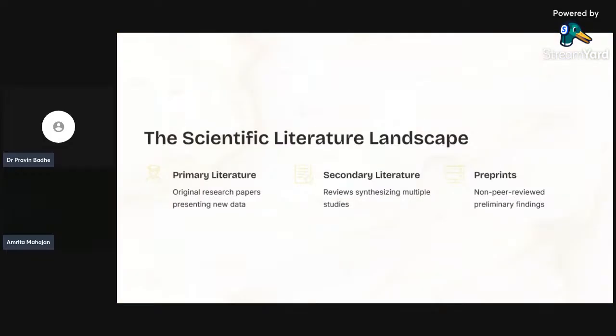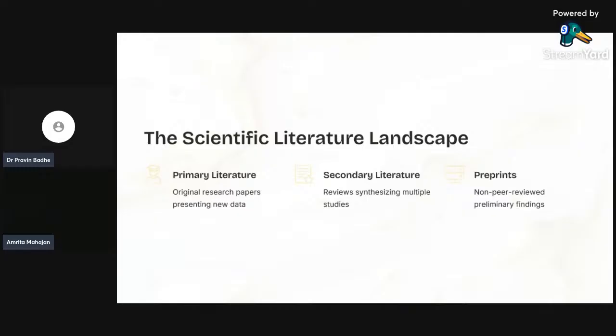There are many key aspects of critical reading as well: assessing the research question, evaluating the methods, interpreting the results, and more. Next, there are different literature landscapes, as we all know. First is primary literature, second is secondary, and the third is preprints, which, like the gray literature I introduced yesterday, comes under that.